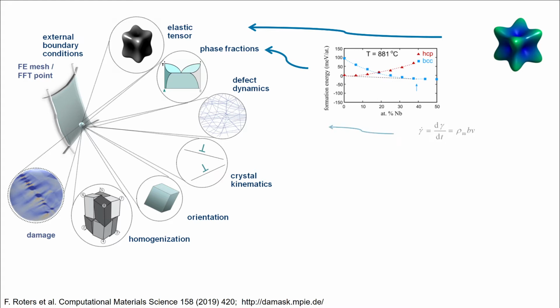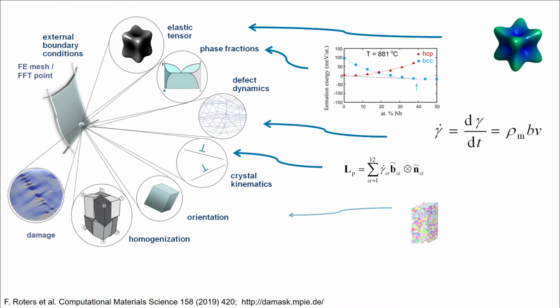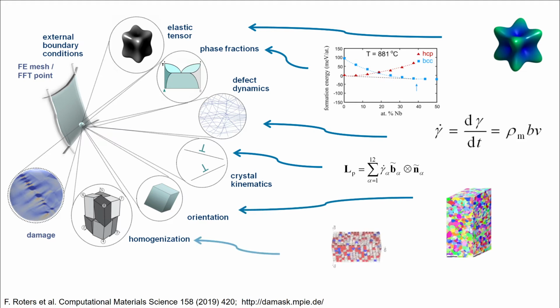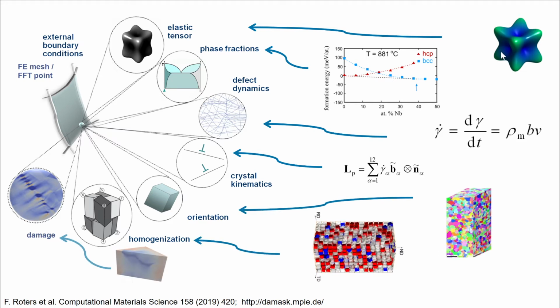Now, how are all these constitutive aspects acting together in our DAMASK simulation package that is shown here? We have the elastic anisotropy covered because you also need to calculate things such as a springback effect. We have the phase fractions covered. We have the defect dynamics that I showed you before.